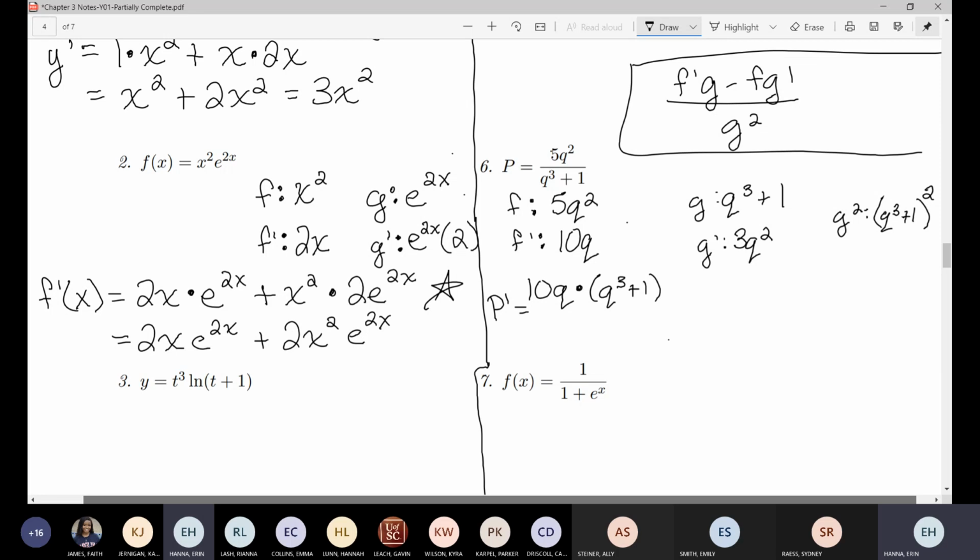So that's my f prime times g minus f times g prime. You can also just put everything in parentheses if that makes you feel better. And then q cubed plus 1 all squared. We could, of course, simplify that down a little bit, but I've also run out of space, so I'll just stop.